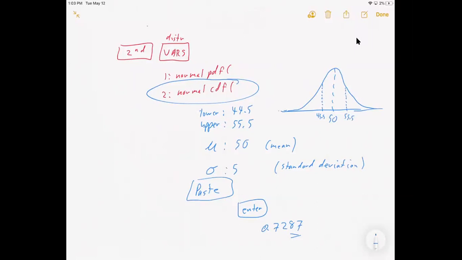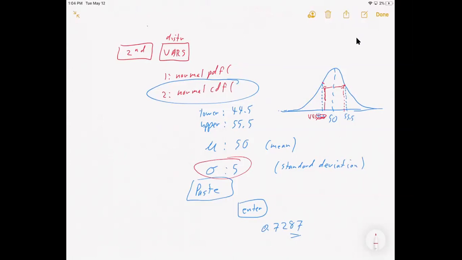And it knows the standard deviation, so the amount that this bell curve spreads out is about plus and minus 5 around the mean. So the standard deviation values are just inside of those numbers, 44.5 and 55.5, is where one standard deviation would be.